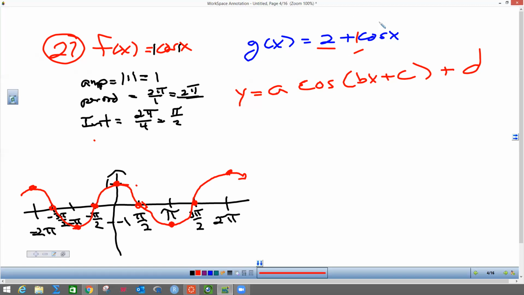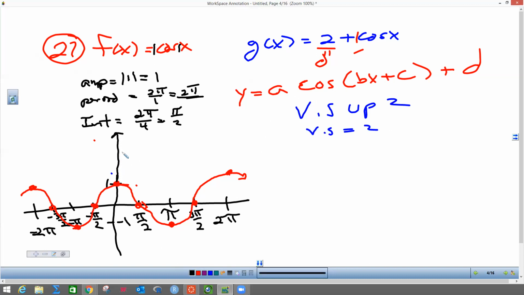They mixed around the order. They moved the D from out here all the way to in front. This is the D value right there, and I'm going to change this to blue. So this means there is a vertical shift up 2 on this one, because D equals 2. The vertical shift is 2. So what you do when you have a vertical shift is you take your x-axis and you move it vertically.